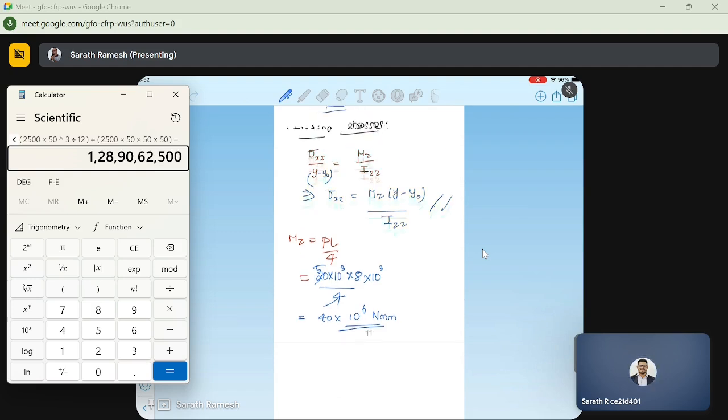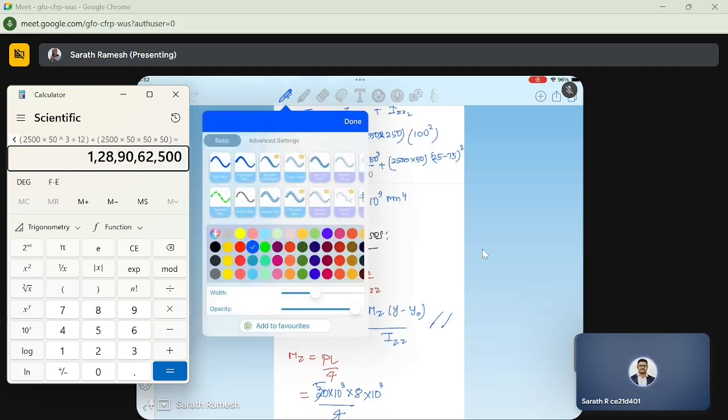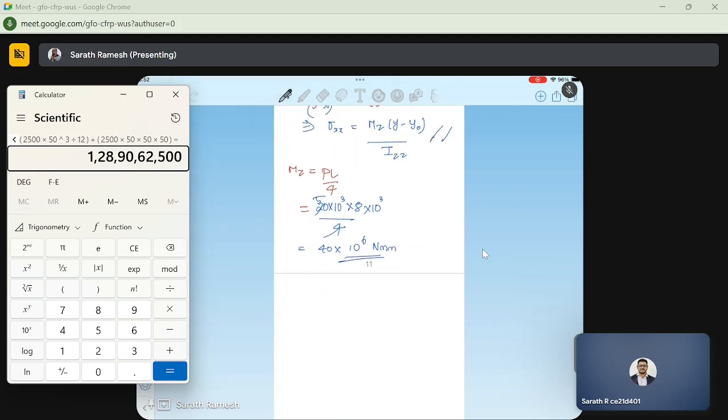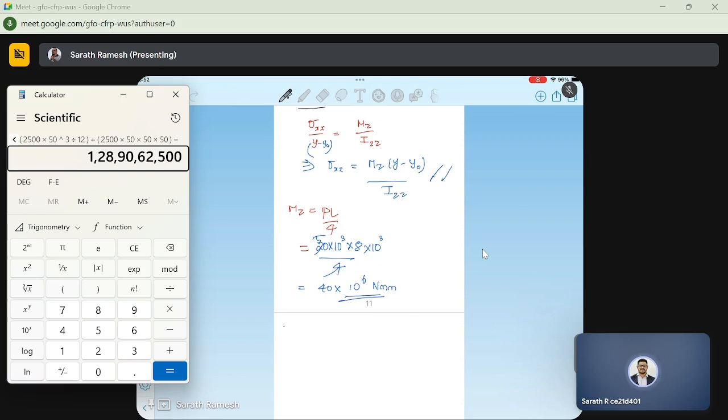Yeah, so let's proceed. For the first question, we need to find what is the stress, sigma compression, in the wood.